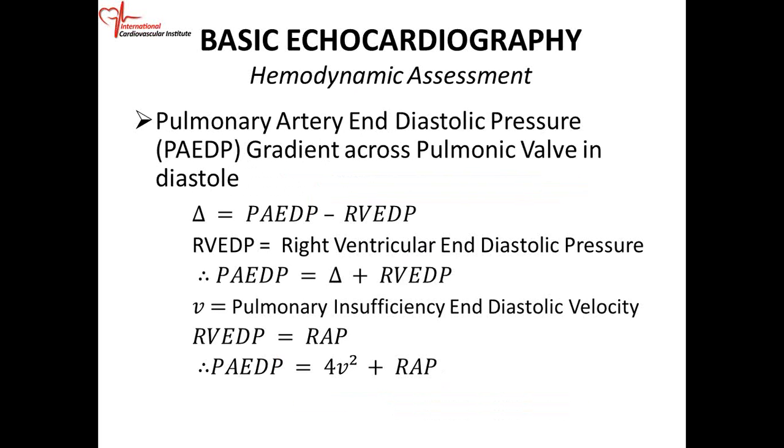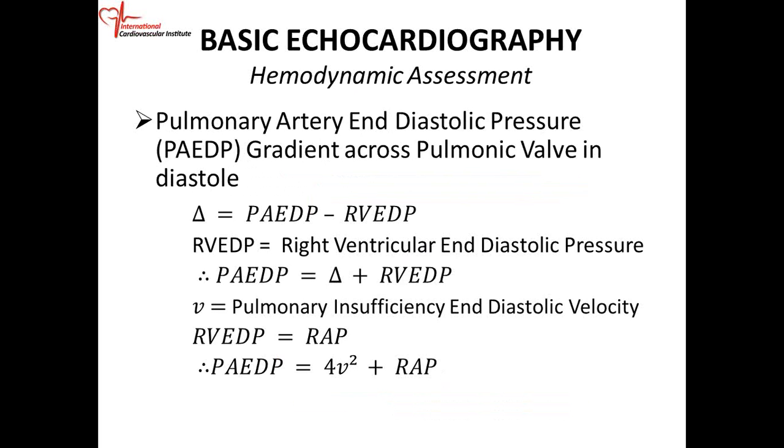So what we're saying is that at the end of diastole, the pressure in the pulmonary trunk is greater than the pressure in the RV. So that's the diastolic RV pressure then.